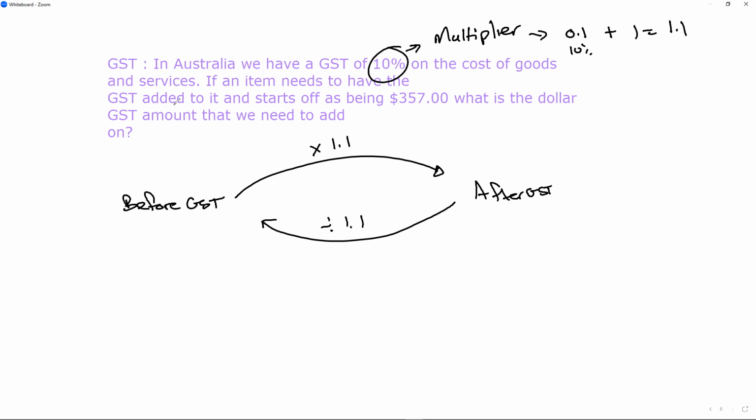If an item needs to have GST added to it, it starts off as being 357. What is the dollar GST amount that we need to add? So we're going to multiply this by 1.1 first. This question is not actually asking us for the after GST amount.